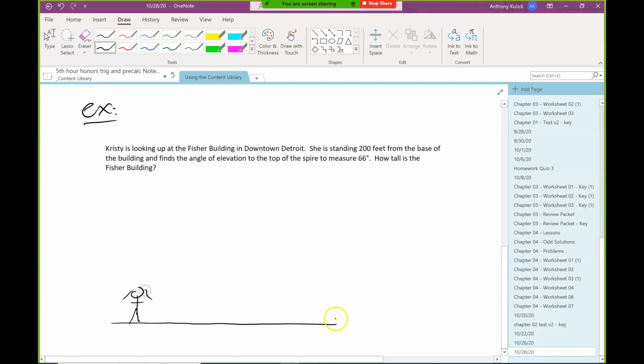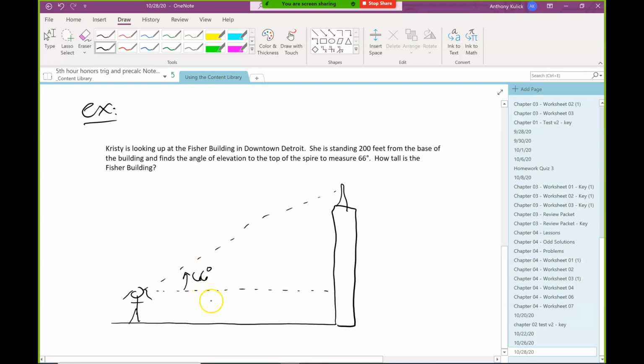Here's Christy. There's my building. Looking up to the top of the spire, there's my angle of elevation then.